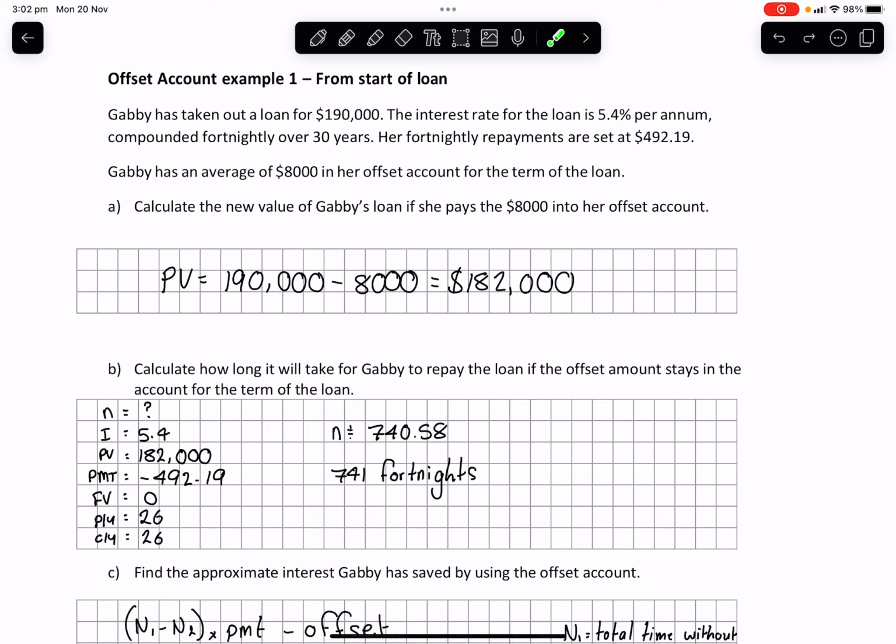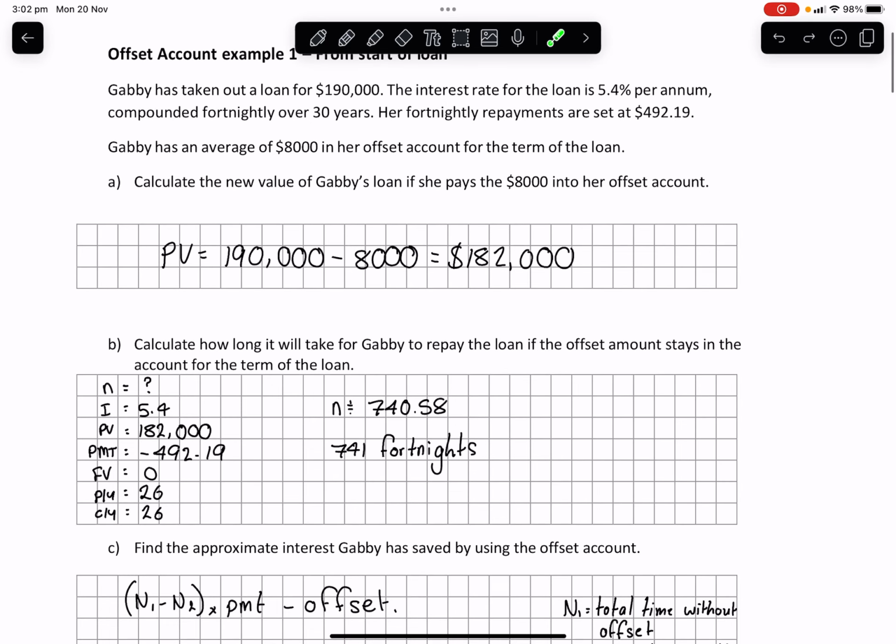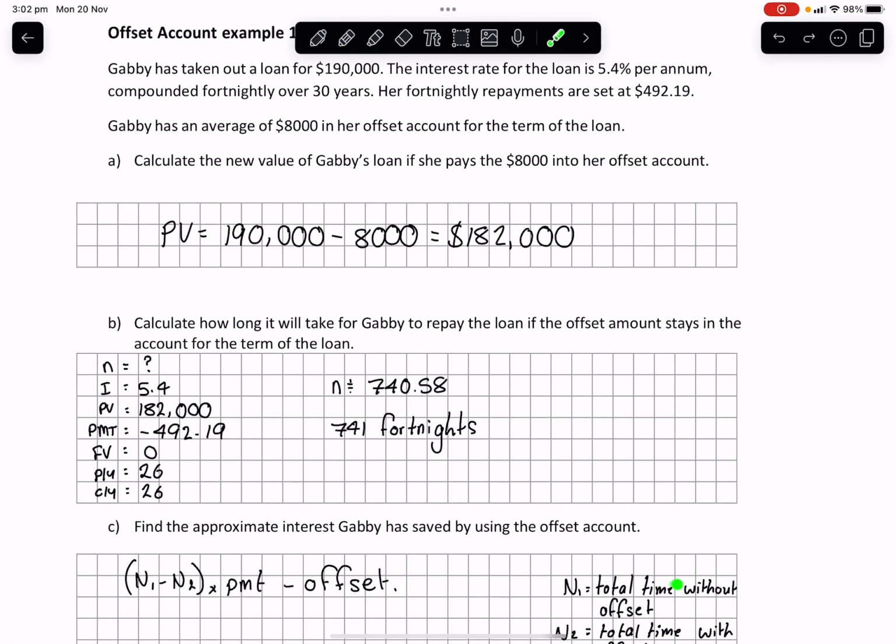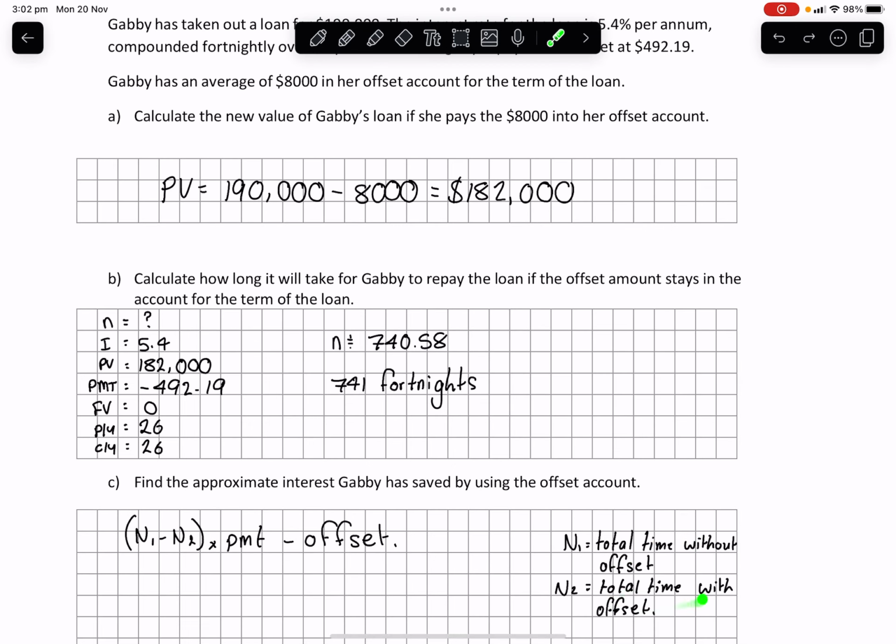Because the offset stays in the loan and then comes off the loan at the end, we have to account for that. Now, N1 is the total time it takes to pay off the loan without the offset, and N2 is the total time it takes to pay off the loan with the offset.